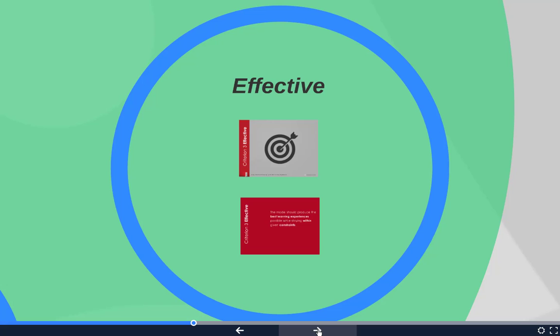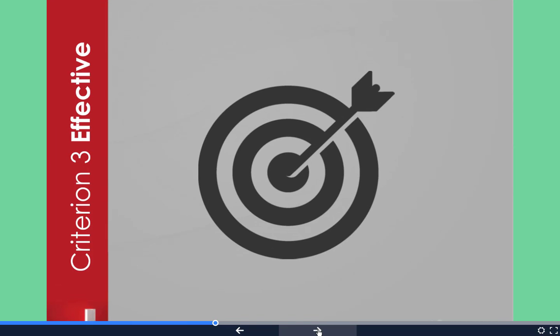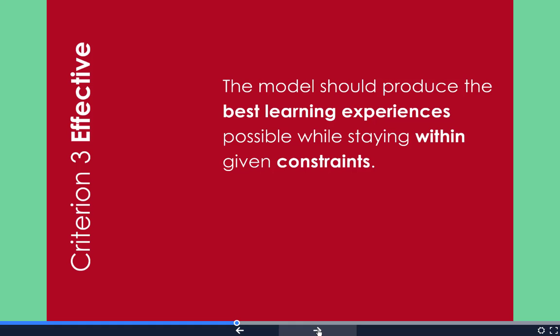I've already mentioned this, but I'm going to mention it again. The third criterion is that it's got to be effective. This model should produce the best learning experiences, even within those constraints.